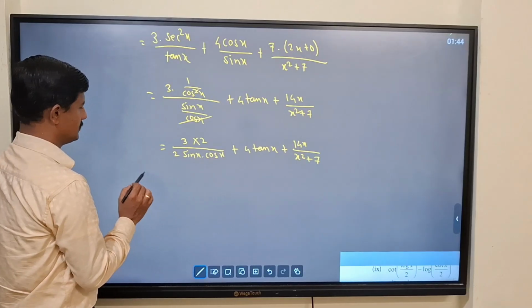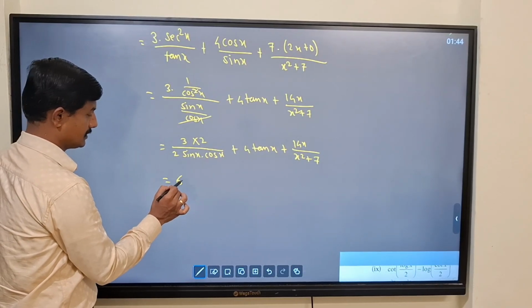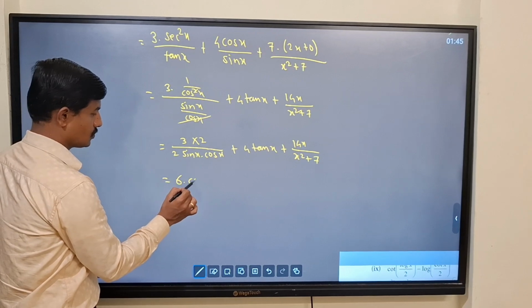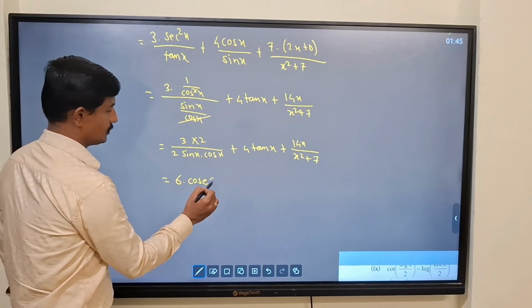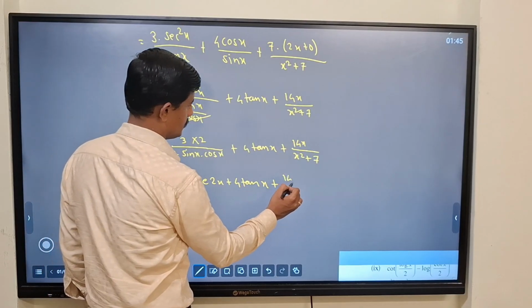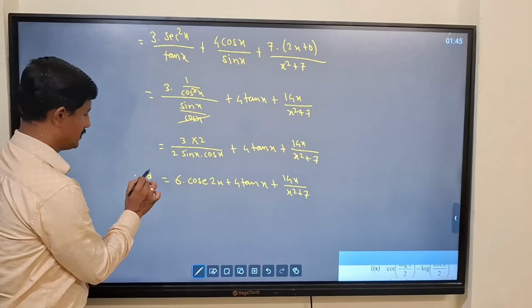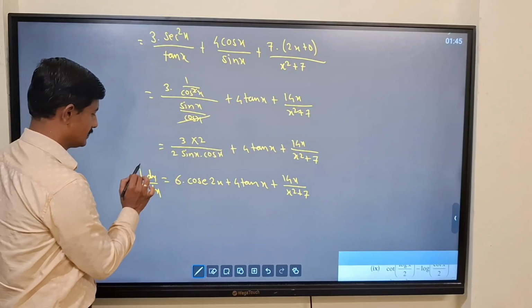Now this becomes, I will write down directly, 6 into cosec 2x plus 4 tan x plus 14x upon x square plus 7, dy by dx.